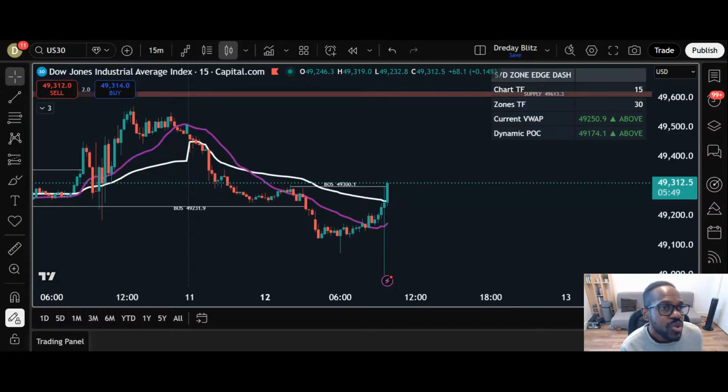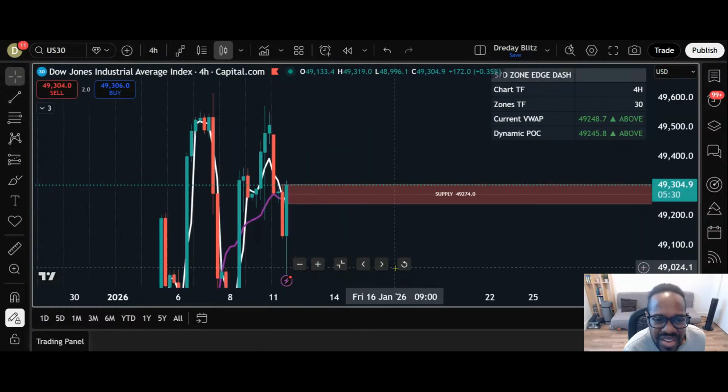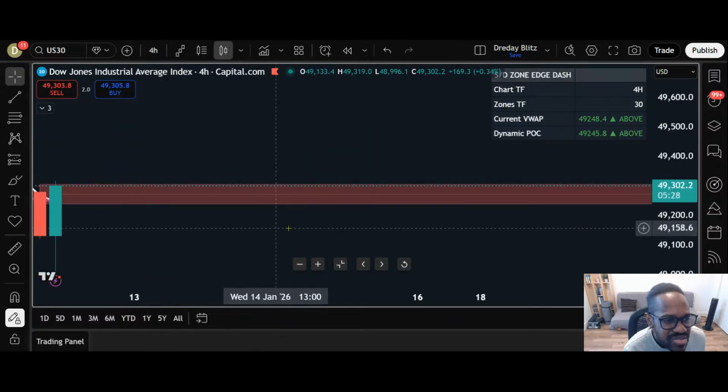And if we go back here on the 15-minute chart, not the 4-hour chart, remember we have that new 4-hour candle that is being created here.